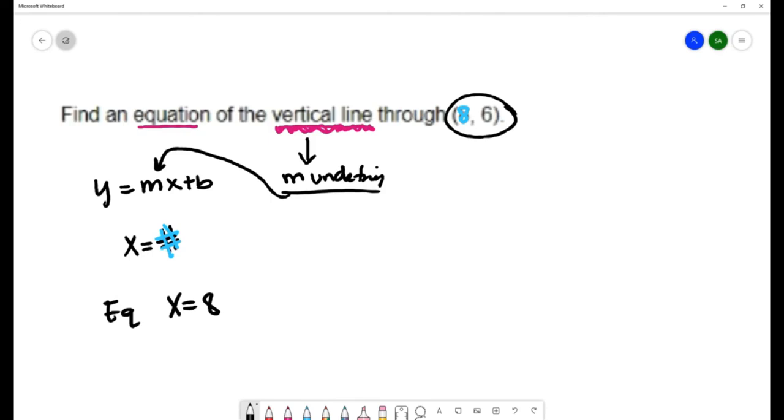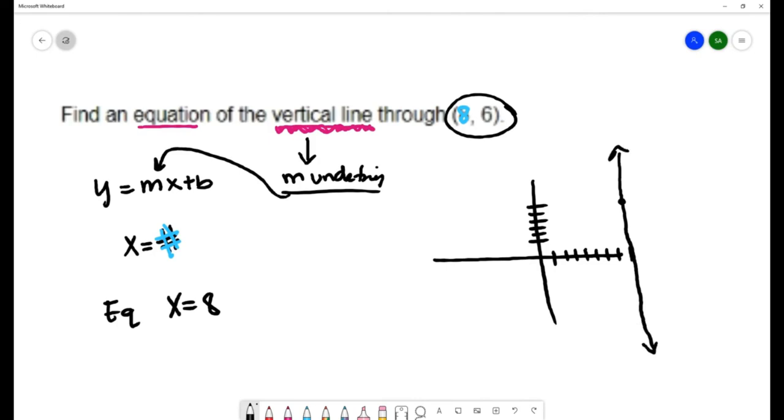We can display this with a picture. We have the point (8, 6), which would be about right here. And we want a vertical line that passes through that point.